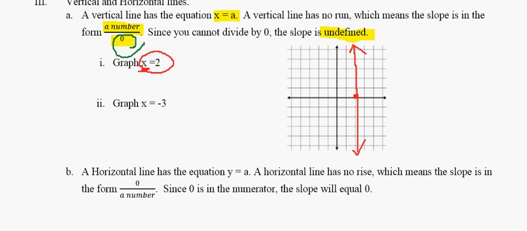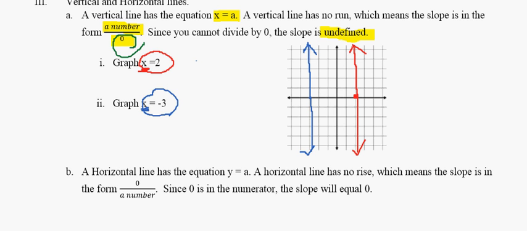Put my arrows, we always put our arrows, and that is the graph of x equals 2. Very simple. x equals -3 is also a vertical line. I see x equals -3, so I simply go to -3 on the x-axis, and I graph a vertical line.